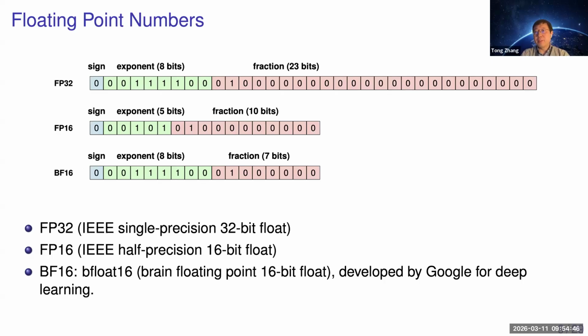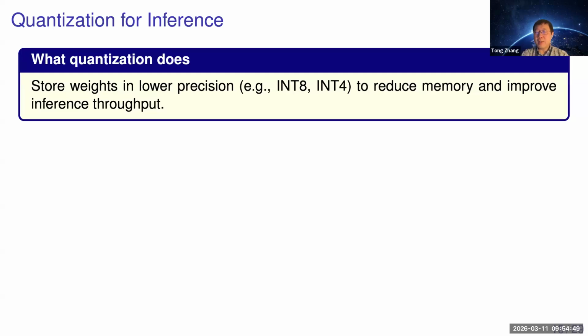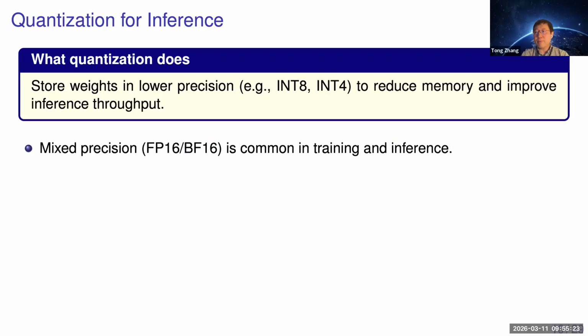There are even more aggressive ones, for quantization. Quantization, instead of using 16 bits, which is reasonably standard, you can use for both training and inference. But for inference, people notice you can use even fewer. So not only 16 bits, you can use 8 bits or even 4 bits. This saves both memory and increases your speed, because a lot of modern hardware is starting to support int 8 or int 4, right? So mixed precision is used in both inference and training.